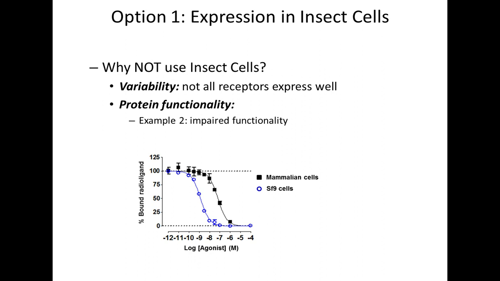This is a simple competition radio binding assay, where we look at the competition of a radio-labeled antagonist for the receptor, and as you see on the x-axis, the ability of a cold competitor, an agonist, to compete off that hot ligand. When the receptor is expressed in mammalian cells, the affinity of the ligand is quite good. When you express the same receptor in SF9 cells, the insect cells, you see about 100-fold reduction in ligand affinity, suggesting that the membrane environment can have substantial influences on receptor function.